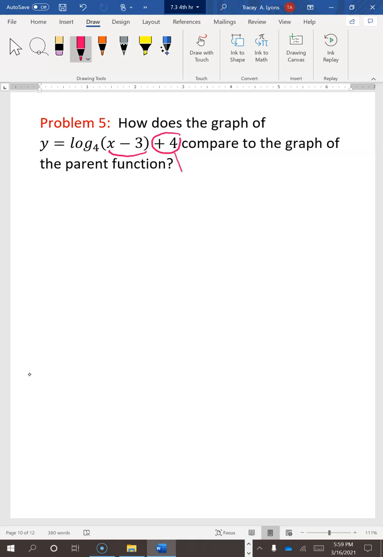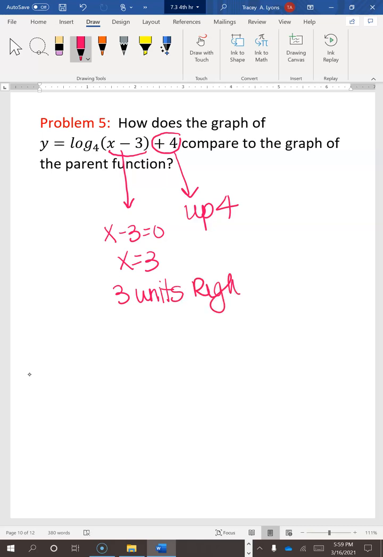So the plus 4 makes it go up 4. The x minus 3, remember if you solve this one, you get x equals 3. So even though it says minus, this would mean 3 units to the right. So I'm describing this as 3 units to the right and up 4.